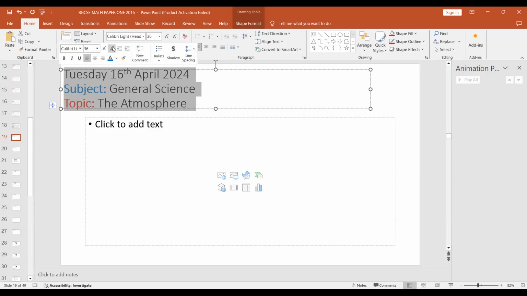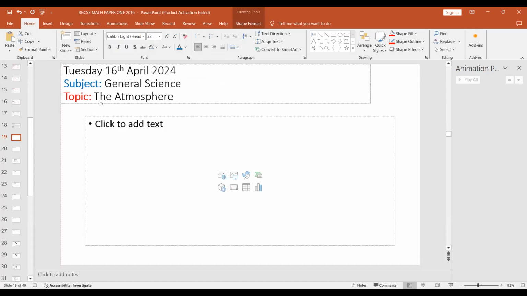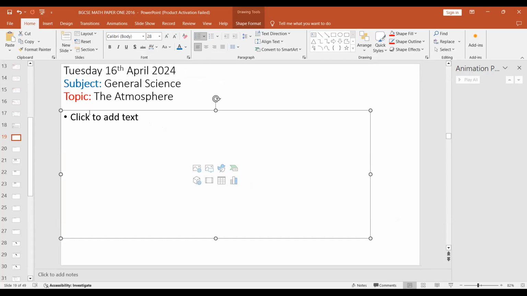All right, so layers of the atmosphere. So let's first define what is the atmosphere, and then we can get into its layers, right? So the atmosphere is a blanket of protective gases that cover the Earth's surface.